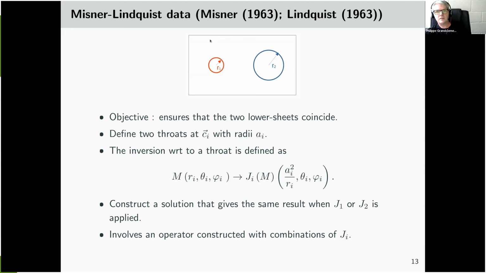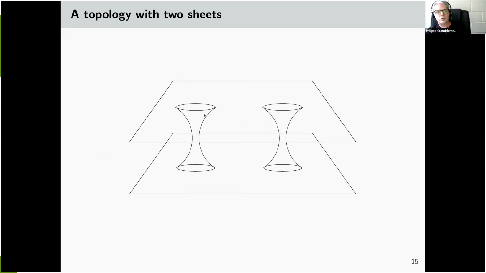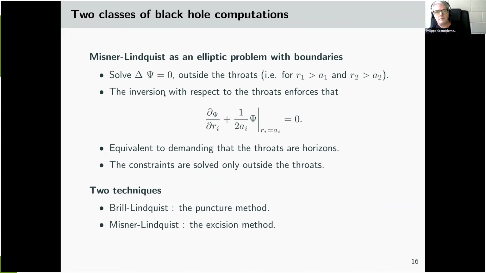So you can solve that only in the region outside this sphere here and outside that sphere here. But you need to prescribe some non-trivial boundary condition on the spheres themselves.